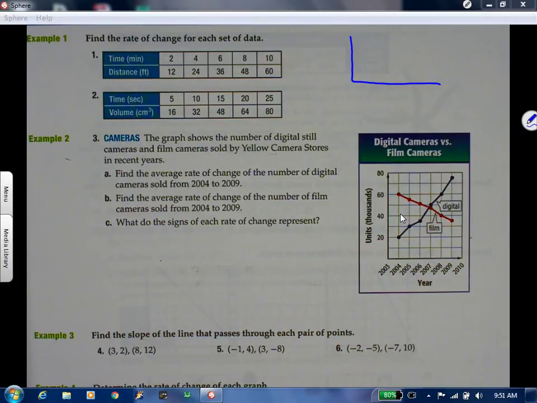Which x-axis, remember, is the independent, and usually always time is your independent. So time would go here. That means distance goes up here. Okay. Now, every increment here goes up how much? Okay, so that's plus 2, plus 2, plus 2, plus 2. And here, what do you have?